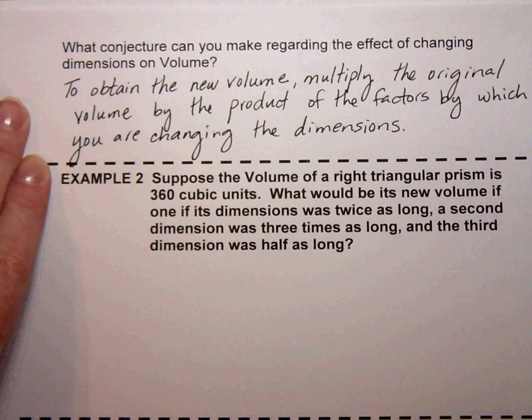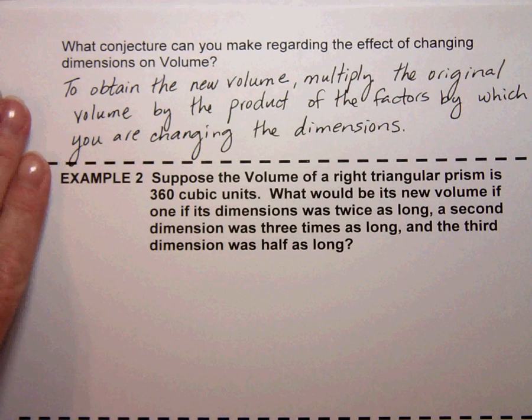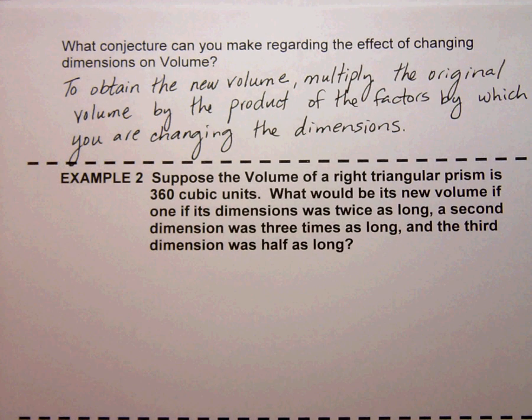Okay. To obtain the new volume, you multiply the original volume by the product of the factors by which you are changing the dimensions. That's kind of what we noticed in the chart we just did.